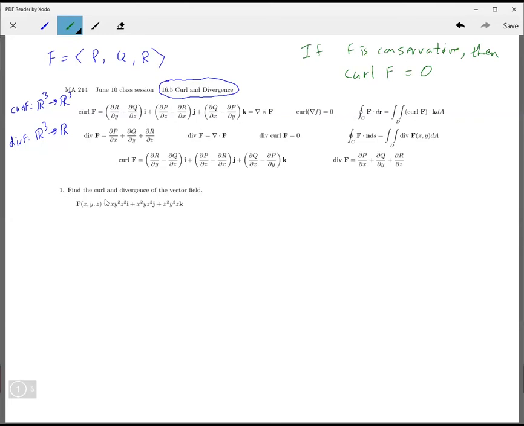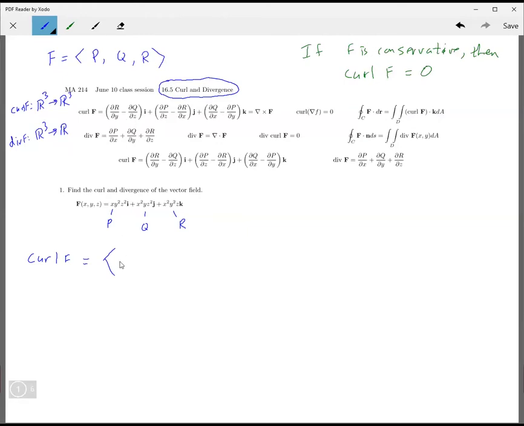Okay, number 1, find the curl and divergence of this vector field. So let's go ahead and work this problem. This is our P, this is our Q, and that's our R. The curl of F, we'll write it in vector form.